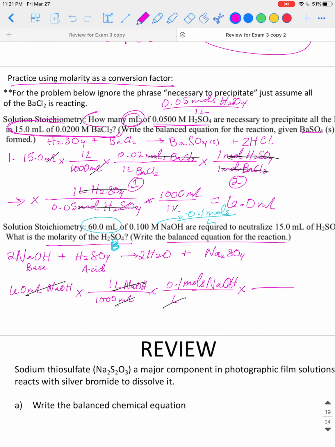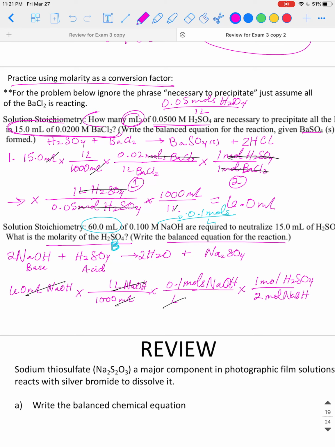Now we can use a mole-to-mole ratio, which is what? Between NaOH and H2SO4, it's a 2 to 1, so for every 2 moles of NaOH, we need 1 mole of H2SO4.